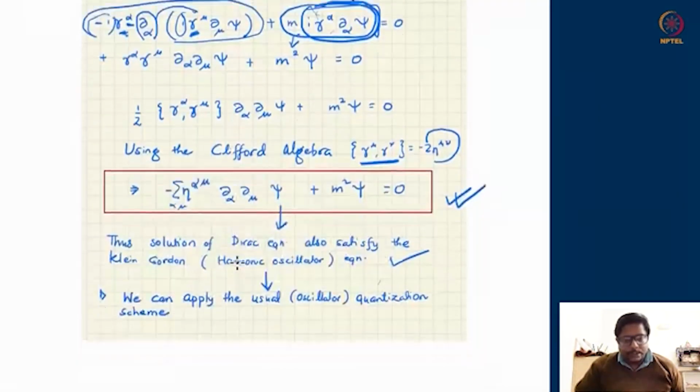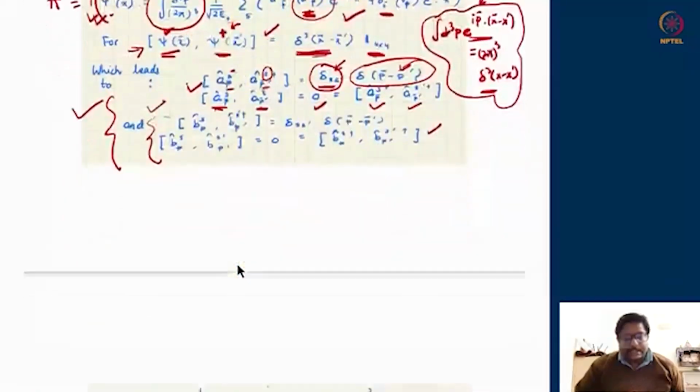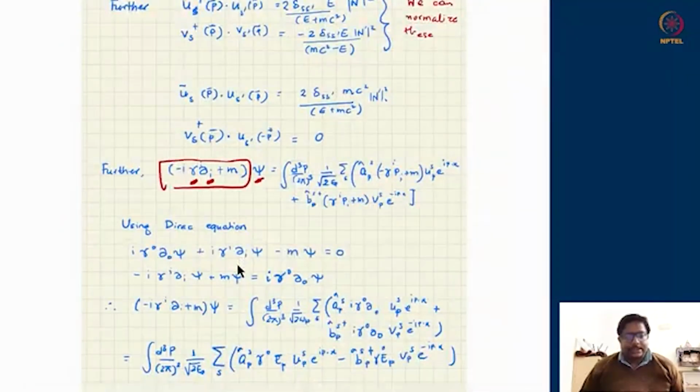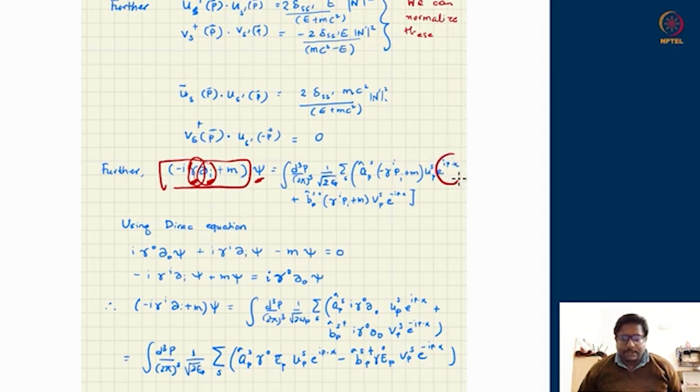I should be taking this operator, hitting it on the psi, and trying to see what I get. When I take this and hit on the psi, there is a gamma part, which is a matrix, and the derivative part, which acts on space-time. Space only, this is not time, these are spatial derivatives. So spatial derivatives are only in the e to the power ipx part, and the matrix part is only in the u's.